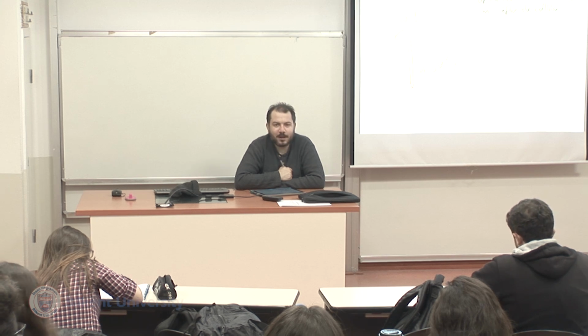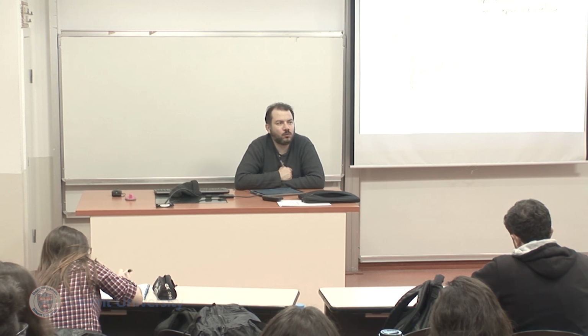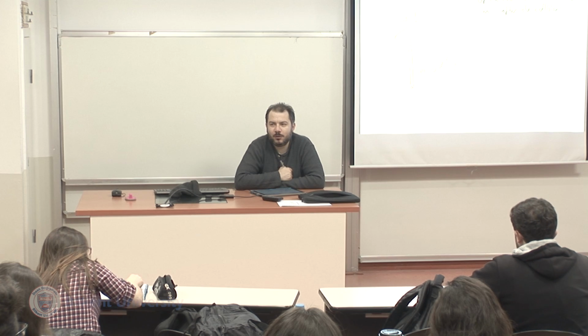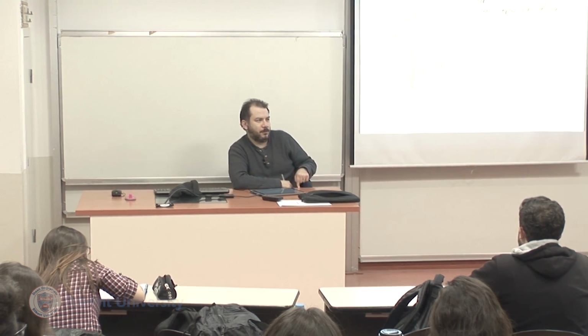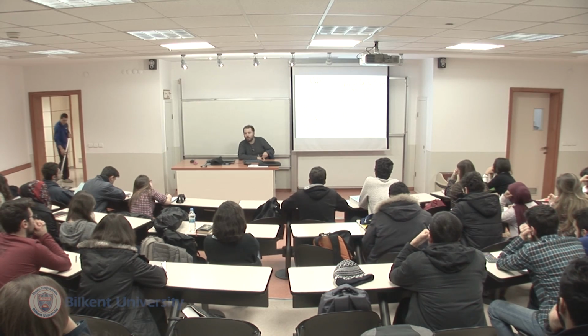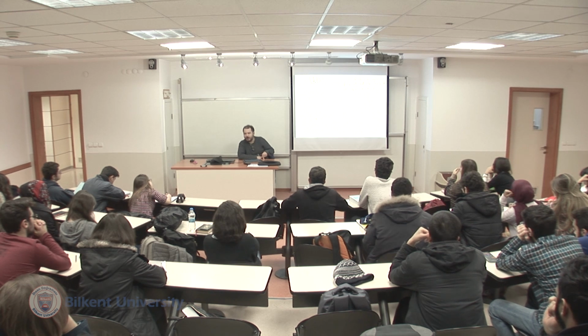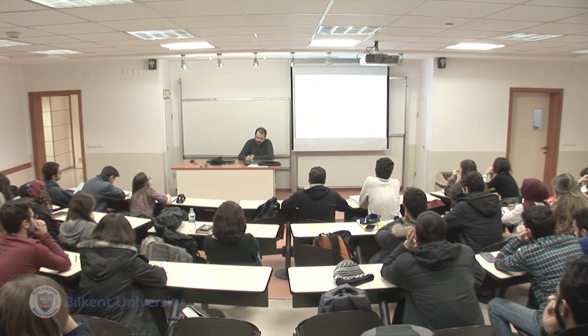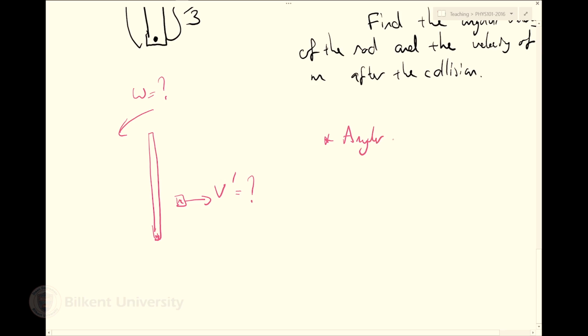So what are my guiding principles here? What are the conserved quantities? First of all, because I have only one pivot point, there will be no net torque on the system, right? Which means angular momentum is conserved.